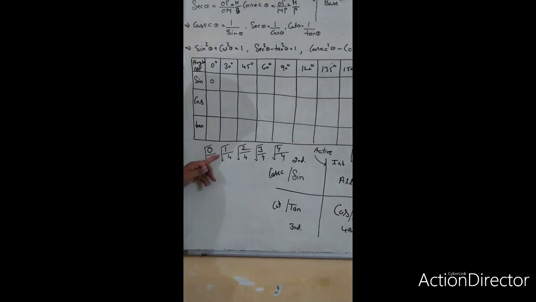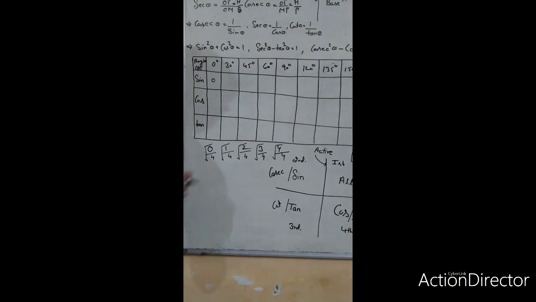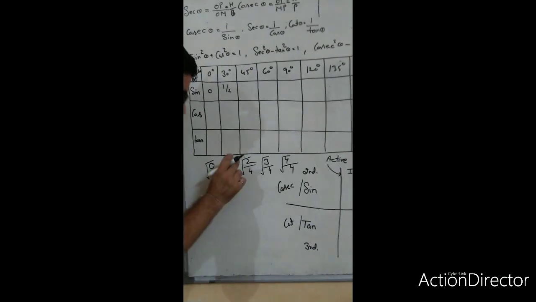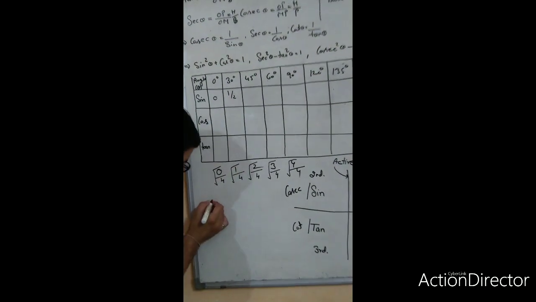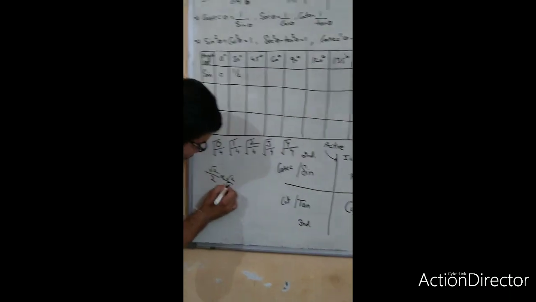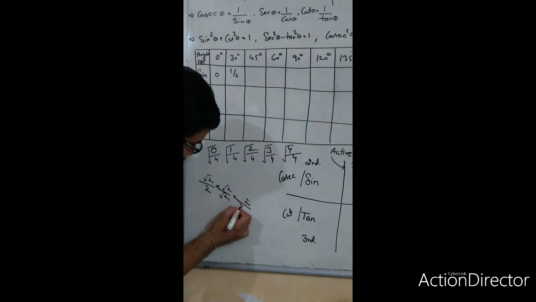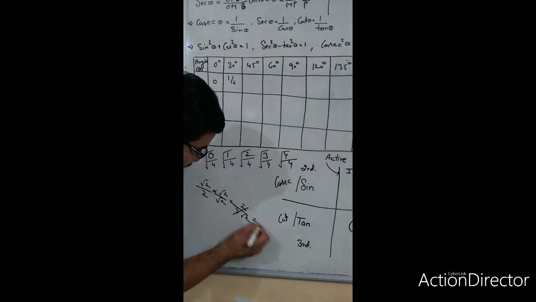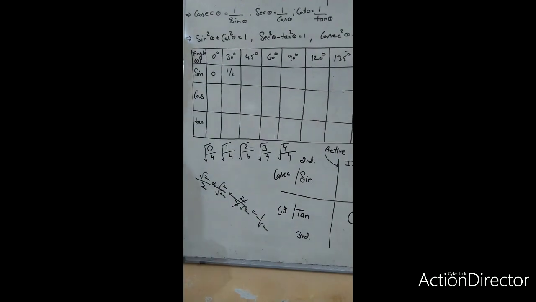0 upon 4, root 0, is 0. But 1 upon 4, the answer will be 1 by 2. 1 by 2 answer will be here. But here root 2 upon 2, after rationalizing, root 2 divided by root 2, that will be root 2 by 2 root 2, that is 2 cancels out, then it will be 1 upon root 2.